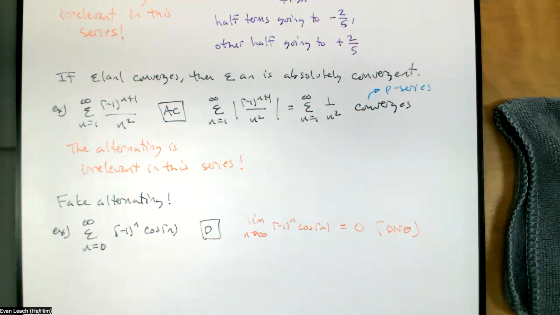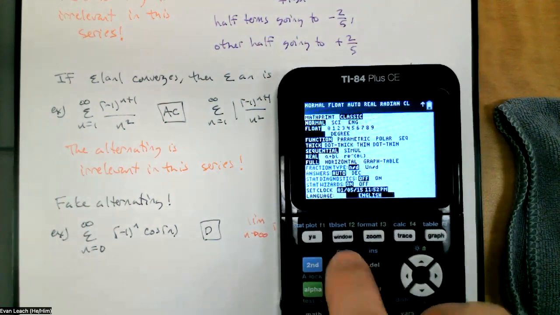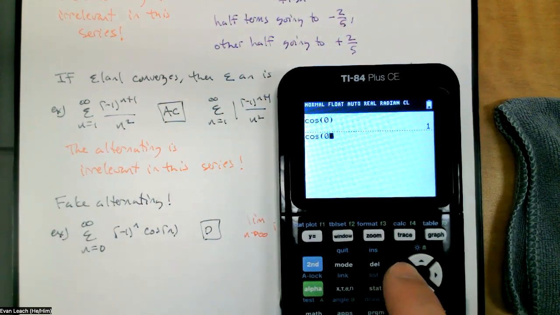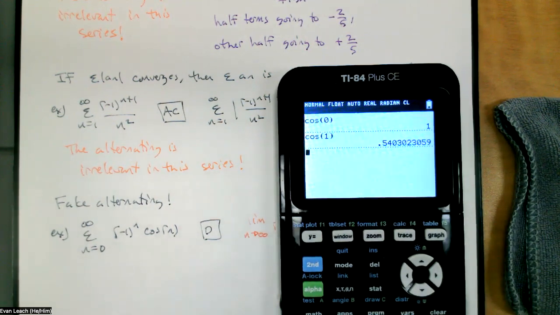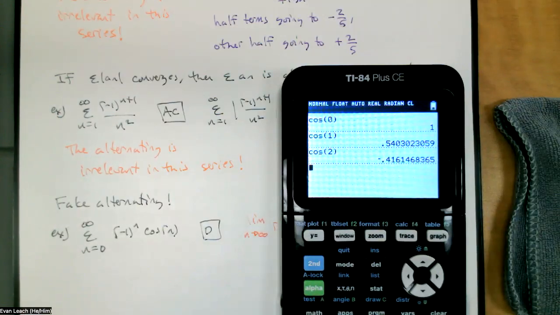The point that I want to make here is that -1 to the n does not give you alternating when cosine n is not going to cooperate by always being positive. Cosine of n is a little bit erratic in its positive and negative. So cosine, let's make sure I'm in radian mode. Cosine of 0 is positive. Cosine of 1 is positive. Cosine of 2 is negative because we've gone over into the second quadrant.